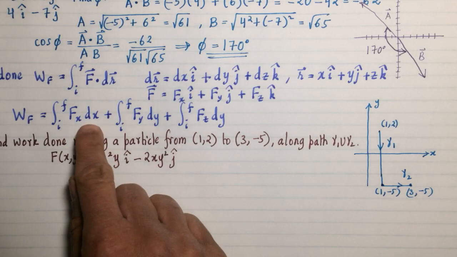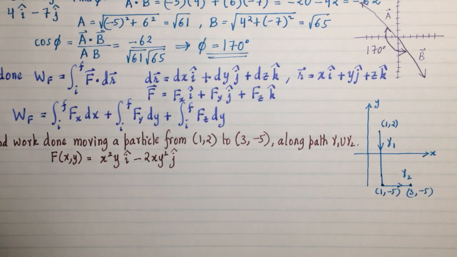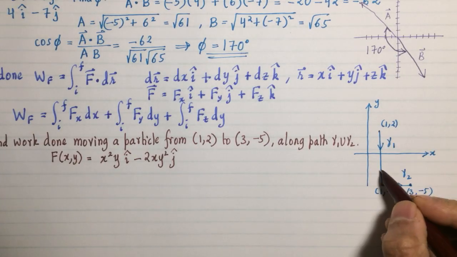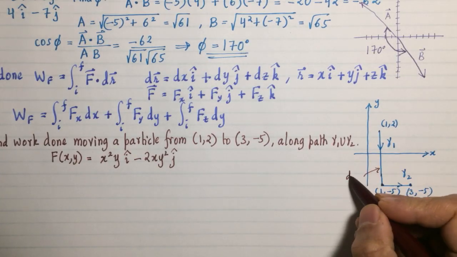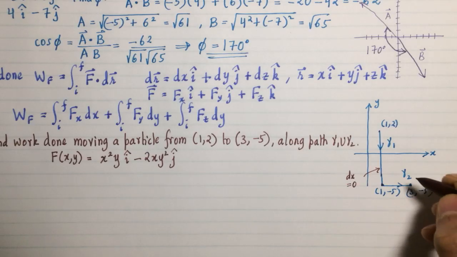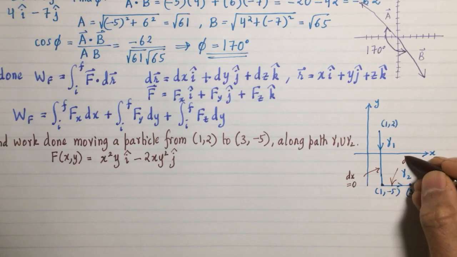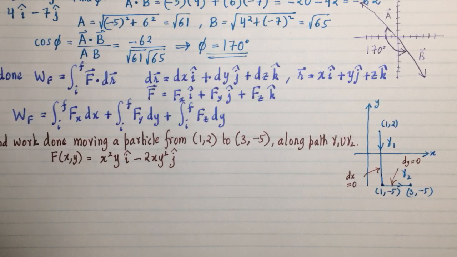Now I'm going to use this protocol. Because this path is a straight line path, observe that if I go straight down, I'm keeping the x value constant. So on this path, dx is 0. Likewise, on this path, dy is 0. So we don't have to deal with much at all. Let's get going.